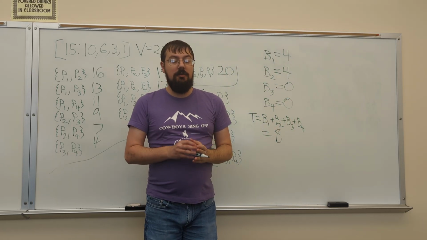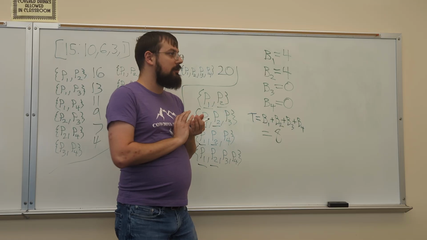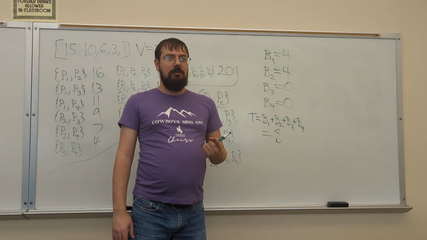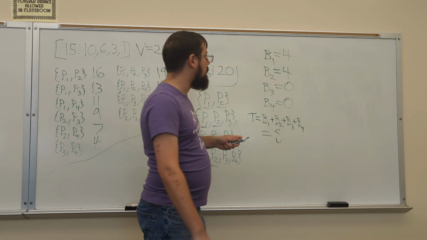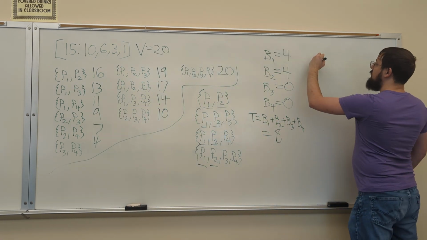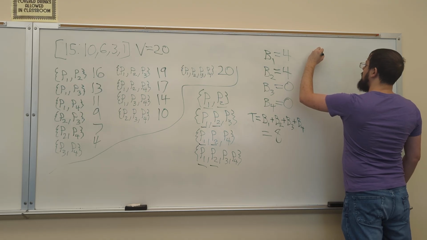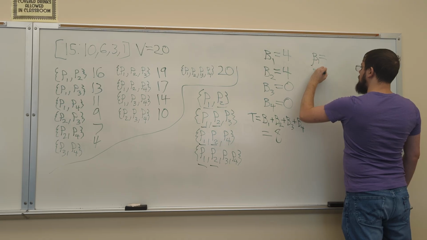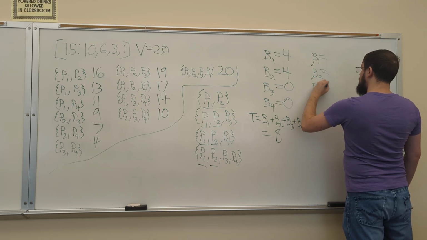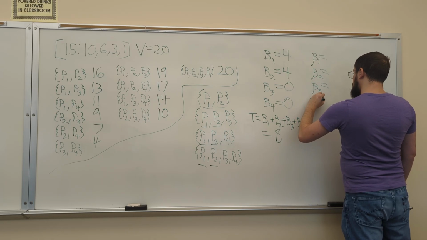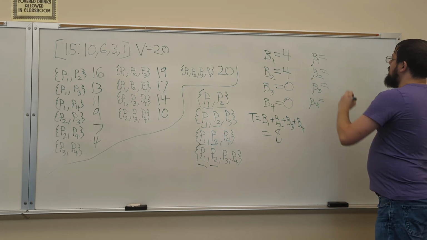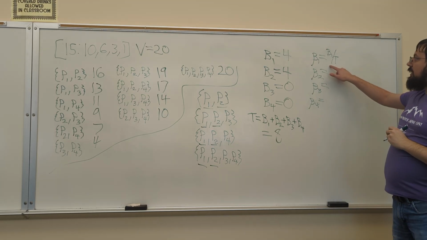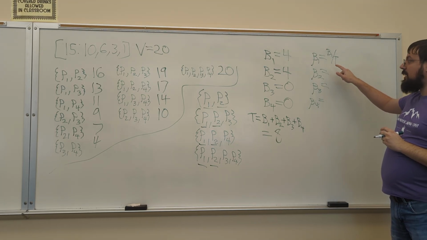So now we get to actually calculating the Banzhaf power index for all of our players. The Banzhaf power index is that player's critical count divided by the total critical count. So we use the Greek letter beta to indicate Banzhaf power. So we'll have beta 1, beta 2, beta 3, and beta 4. So we would use B1 over T to calculate the first player's Banzhaf power.